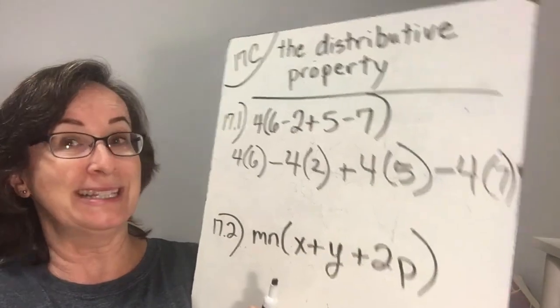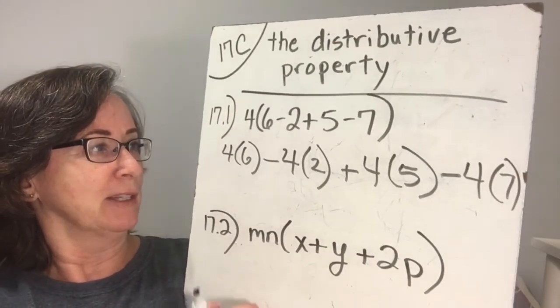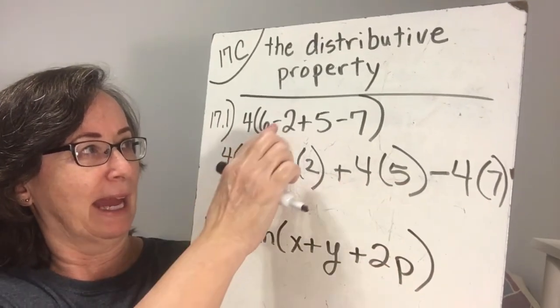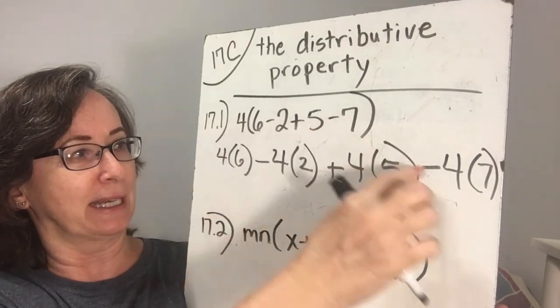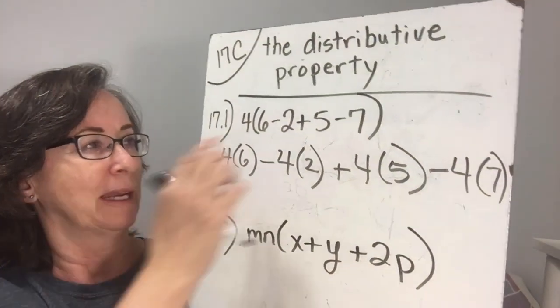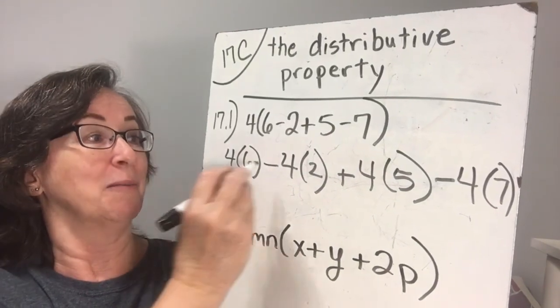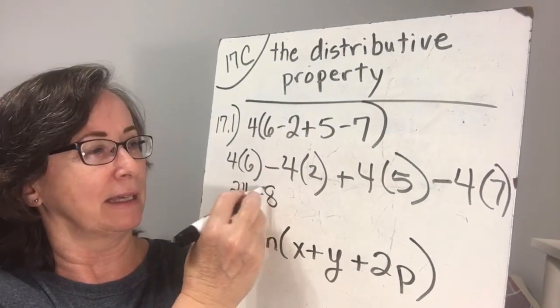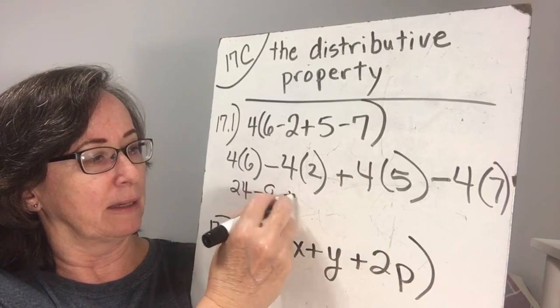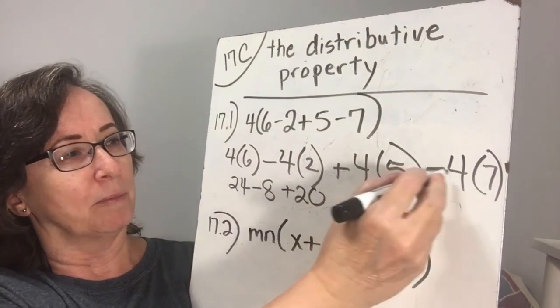Okay, so let's explore this a little bit. So if we just did it this way, I kept the minus in the front, and I kept the minus in the front, and I brought down the plus sign. 24 minus 8 plus 20 minus 28.